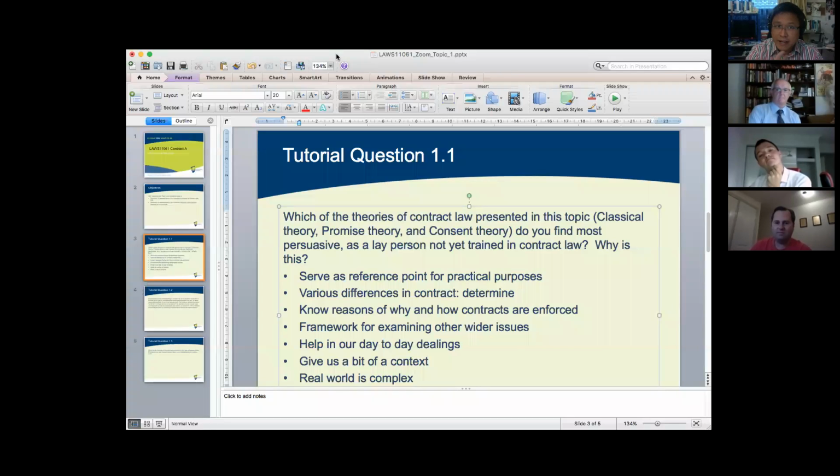So the role of any theory is to come up with a simplified version of reality. And by looking at that simplified version, you have a better sense of what reality is all about. Because if you try to explain reality as is, it's just too broad.